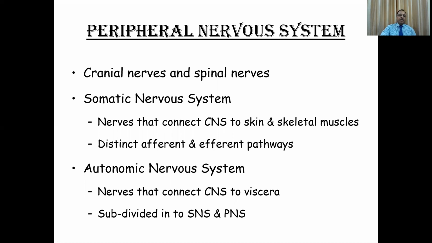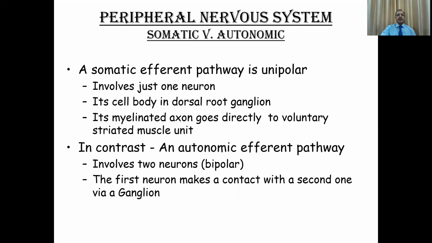On the other hand, autonomic nervous system consists of nerves which connect the central nervous system to visceral organs, and they are further subdivided into sympathetic and parasympathetic nervous system. Now let's talk about what really is the difference between somatic and autonomic nervous system.